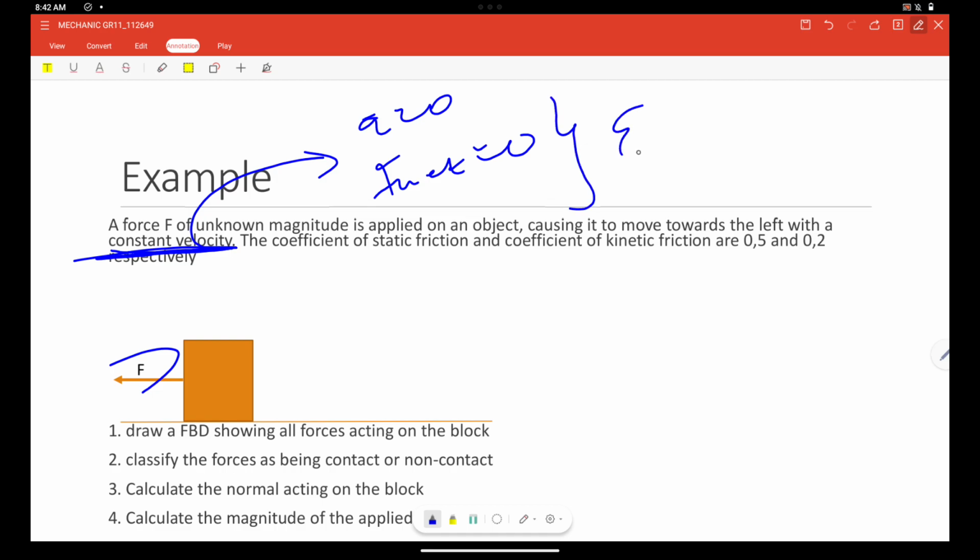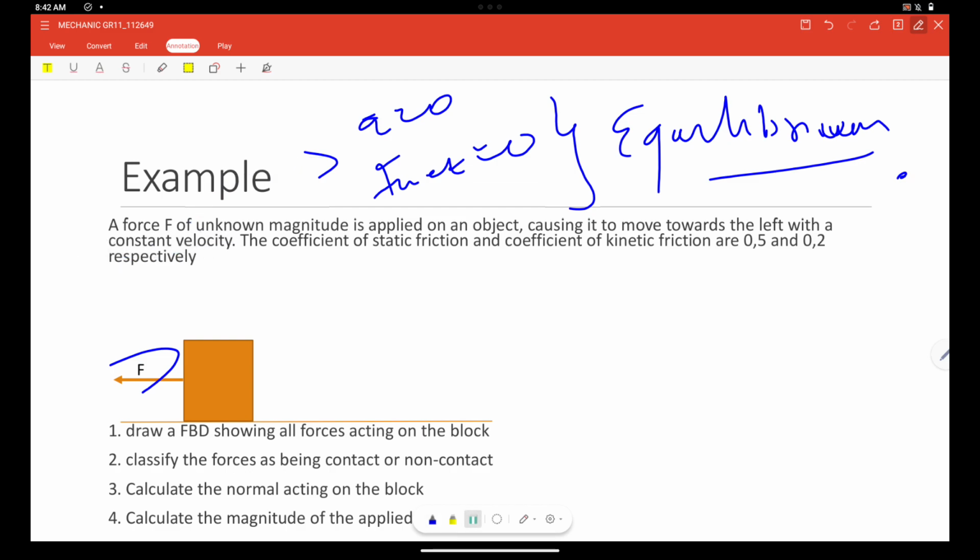We should be thinking that the object is in equilibrium. I know I'm abusing the equilibrium word here. It's the forces in equilibrium, but don't mind my vocab for now. Okay. So because of that tiny detail, we have come up with this little bit of a summary there.